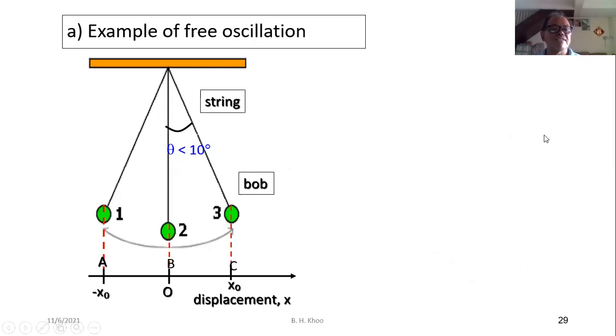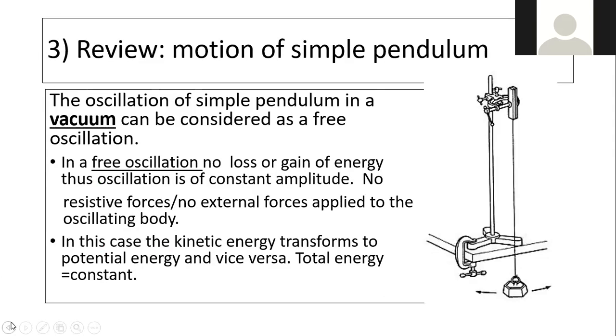Stop me if I'm going too fast. Okay, so that's your simple pendulum. Just go back and give me a picture. I'm trying to understand it. Free oscillation means in vacuum, no air resistance. So no loss of energy. Total energy is constant, no external forces.